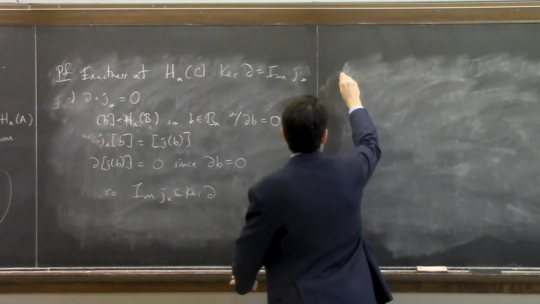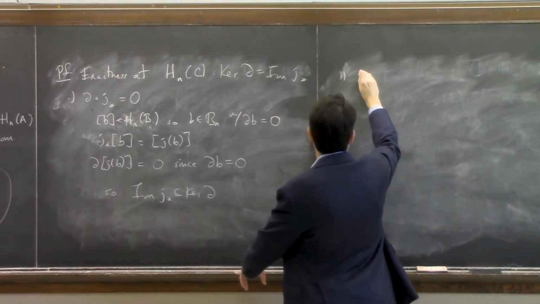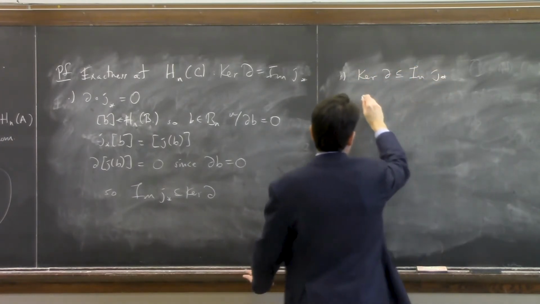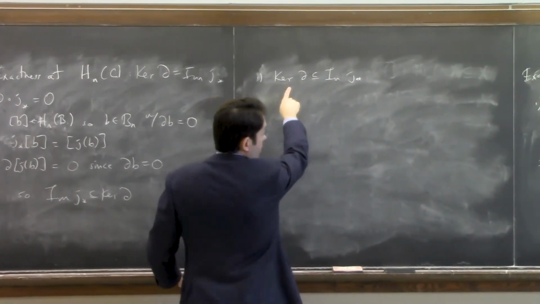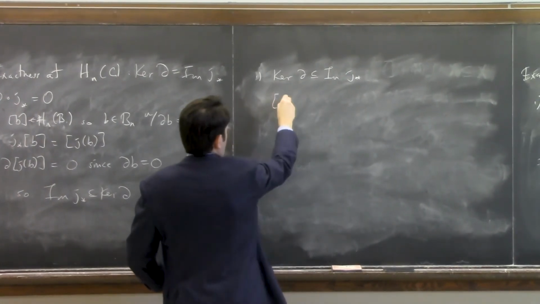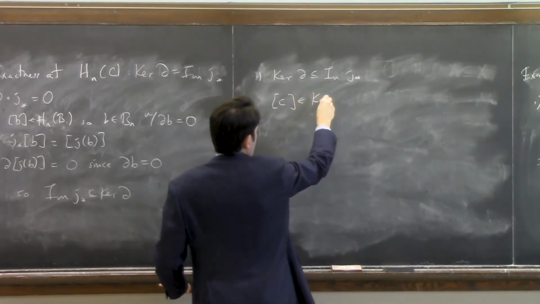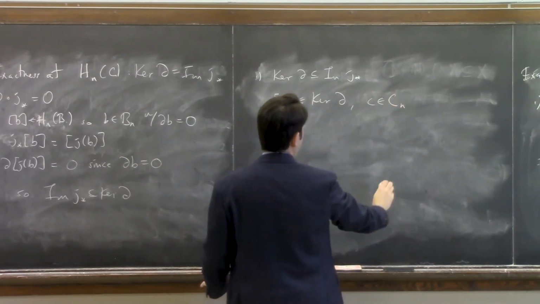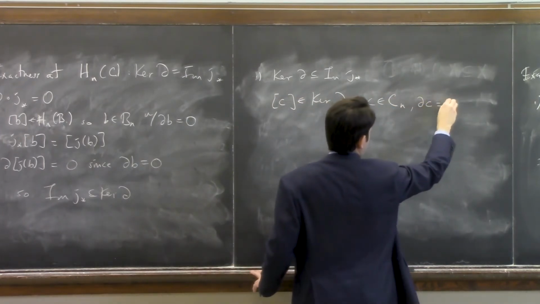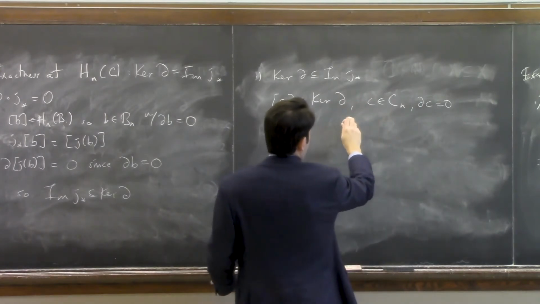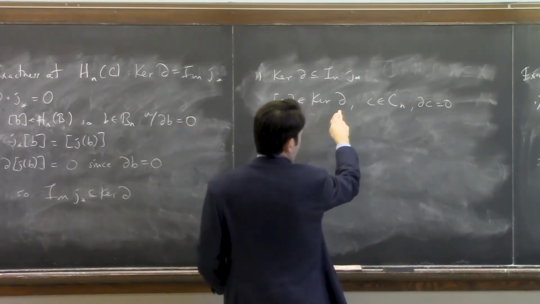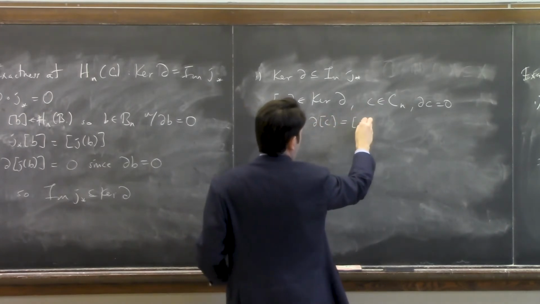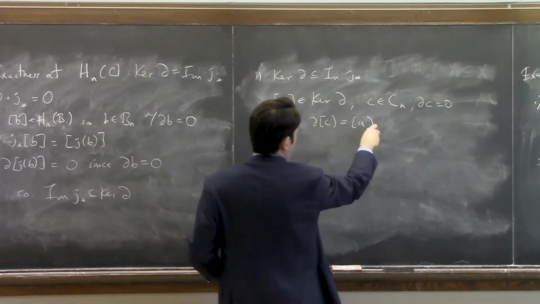Okay, so that just leaves us to check. We want to check now that the kernel of the boundary is contained in the image of J star. So let's give ourselves something in the kernel. So we have a class C in the kernel of the boundary. We can represent it by an element here. It's going to be a cycle, such that when you hit this with a boundary, you get a class A, and that's supposed to be 0.